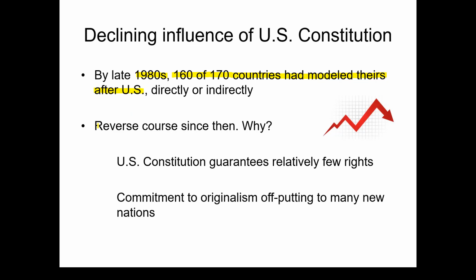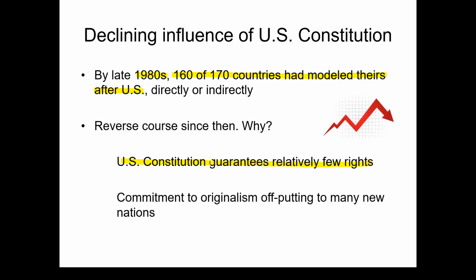We've been having some of our problems internally with our lack of productivity of our Congress, our politicization of the court. Also, one thing that the Constitution doesn't do, and that's kind of at the heart of our exercise here, the United States really doesn't guarantee a whole lot of human rights or protections.